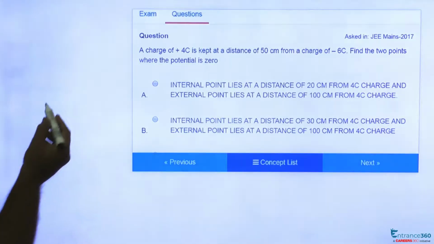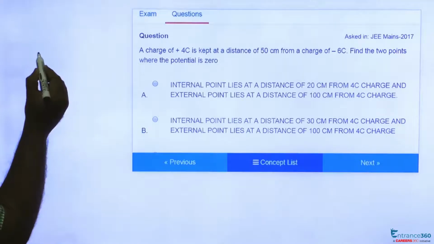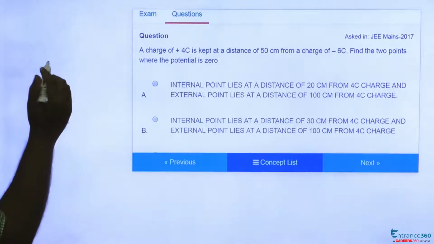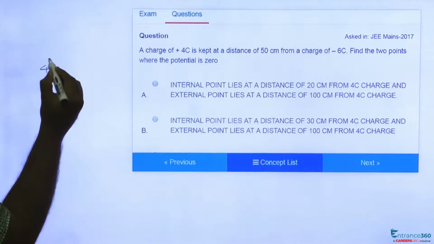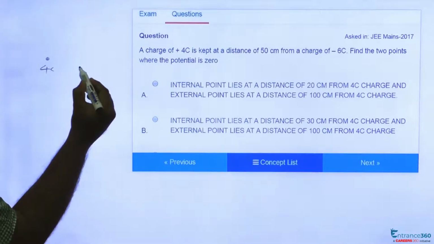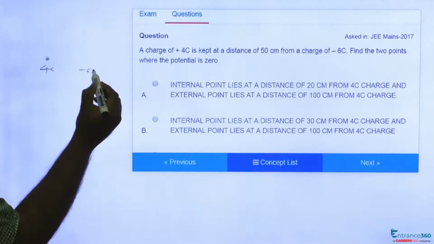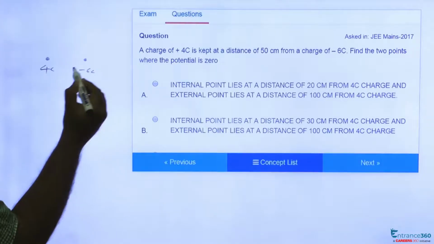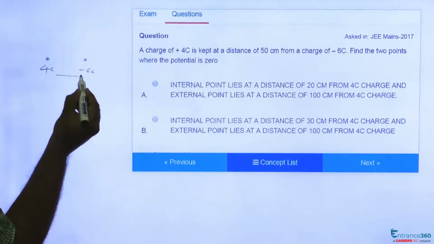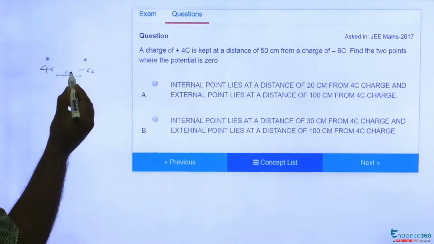So let's see, we have 4 coulomb and minus 6 coulomb separated by a distance of 50 centimeter.